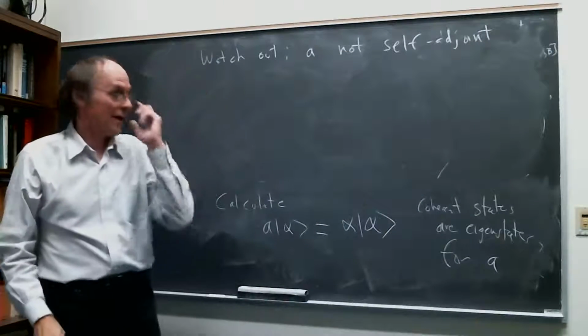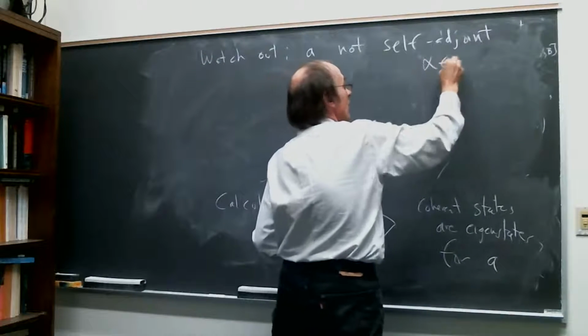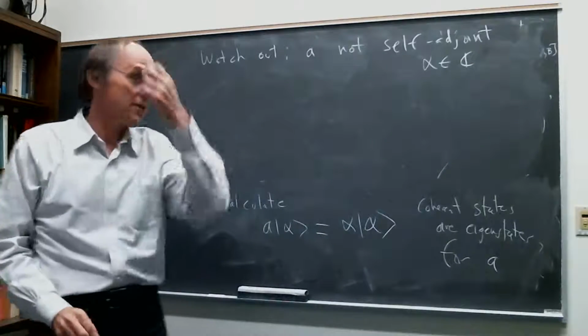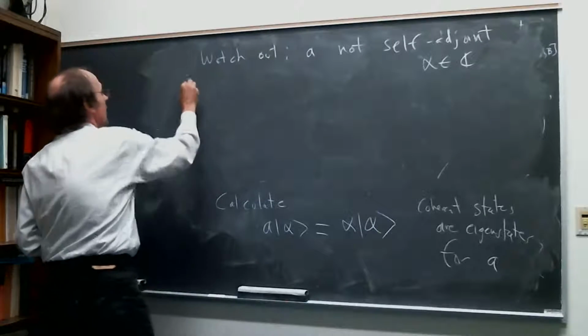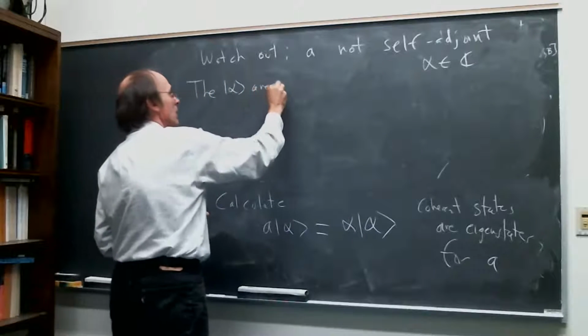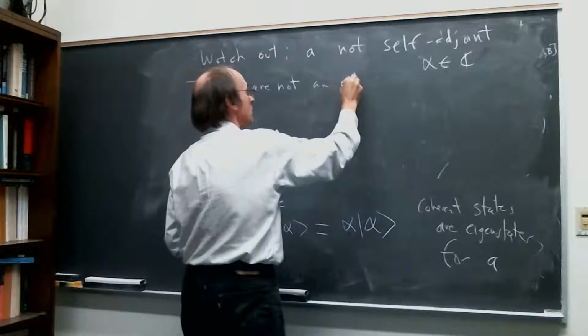And one way it's obvious A is not self-adjoint is that the alphas are not real numbers, but actually complex numbers. And so the alpha states are not an orthonormal basis.